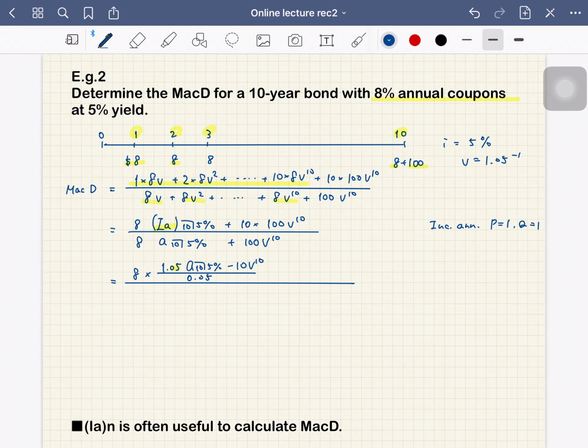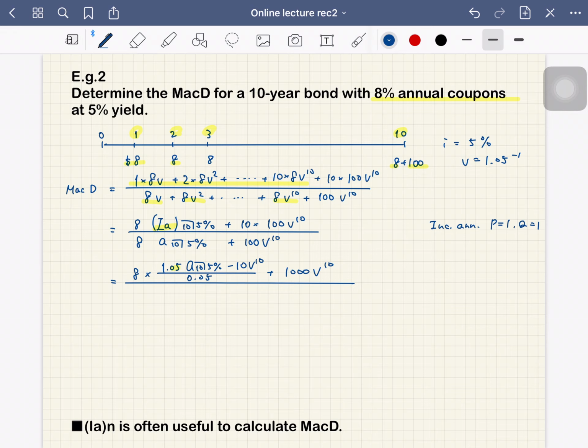If you add up these two terms, this just becomes this entire fraction. Then plus 100 times 10, so actually 1000 times v to the power 10.